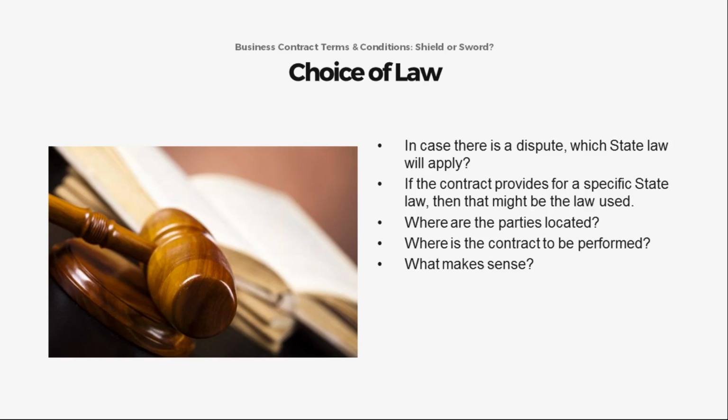So having a choice of law in your contract, I know many of you have North Carolina because most of you have businesses in North Carolina, or it may say Virginia, depending on where your corporate office is. But if you're dealing with your customers or your vendors and they send something in as a purchase order or contract and it has a state law that's different than yours, you really want to give that some consideration.